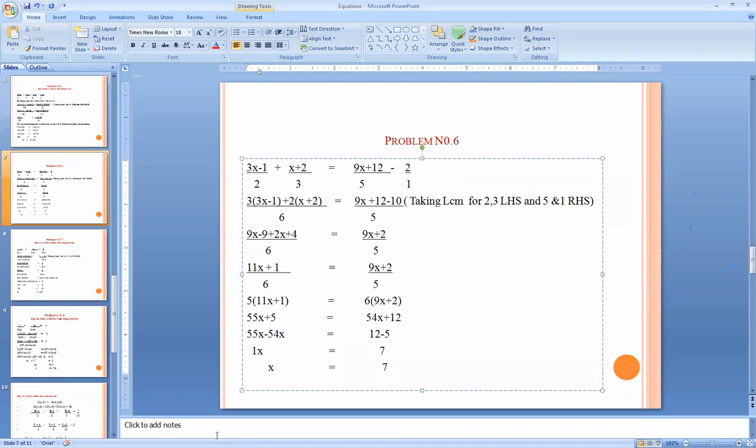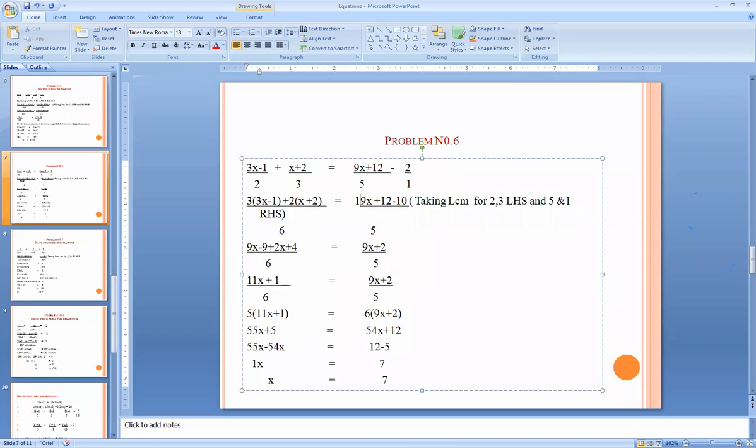Ma'am, again explain that first step. Now see here, 5 and 1 is the LCM, right? If you divide 5 by 5, what number will you get? 1.